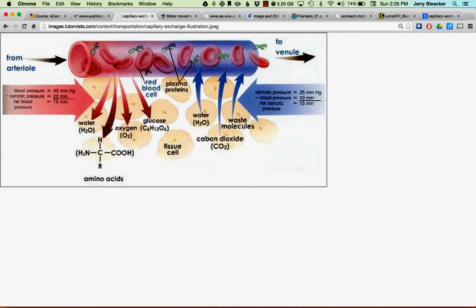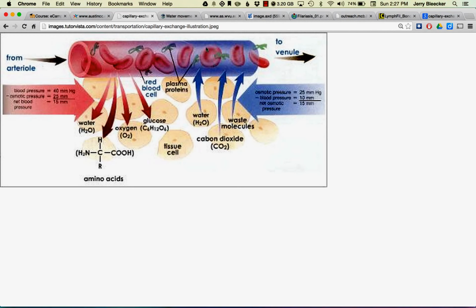So the pressure inside goes down to about 10 millimeters of pressure standing inside the pipe. Well, if it's 25 outside, but only 10 on the inside, the net difference is that there's 15 millimeters of osmotic pressure in, which is kind of hard to resist. So things will flow back in at this portion in the capillary bed.